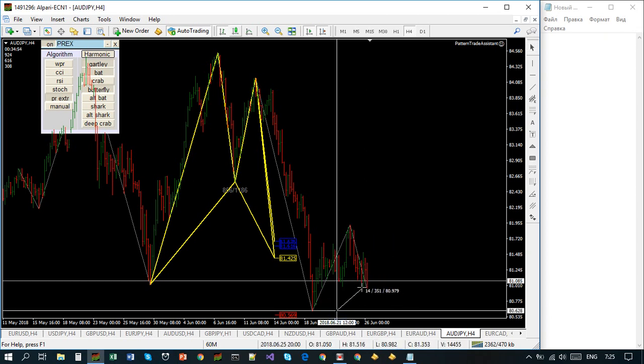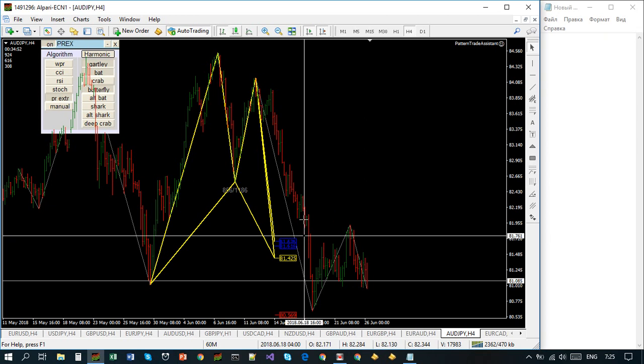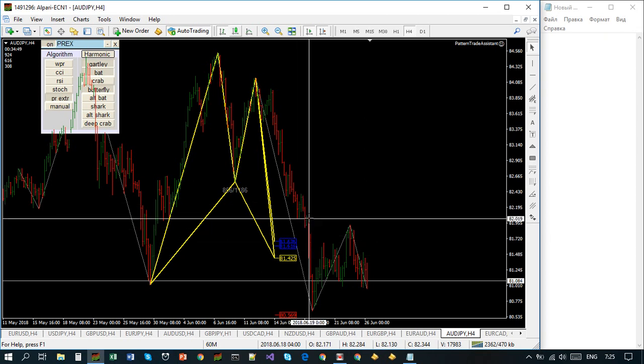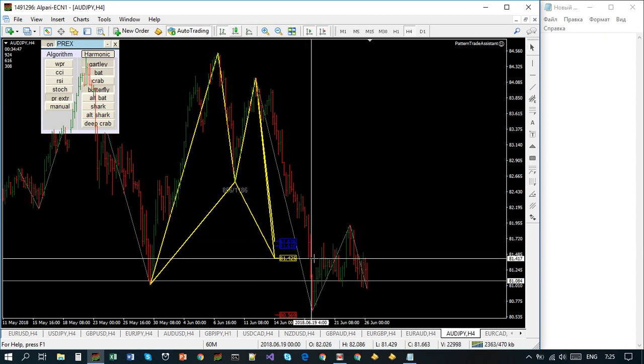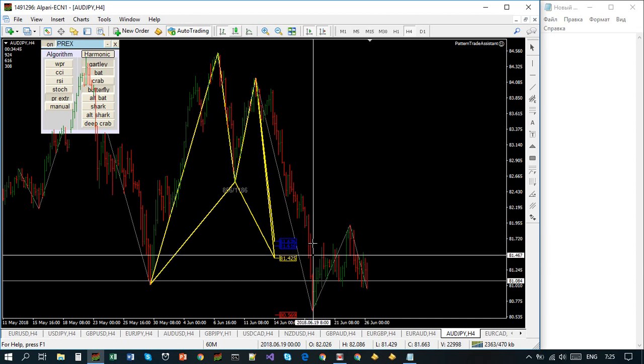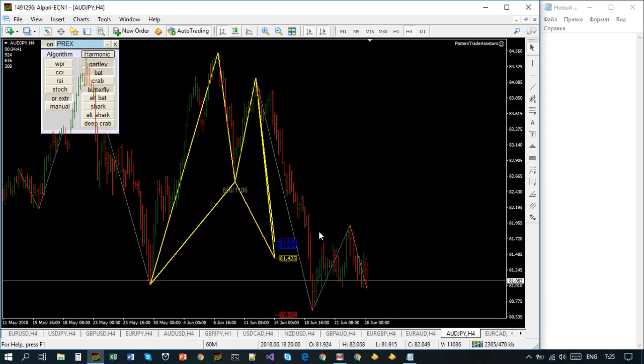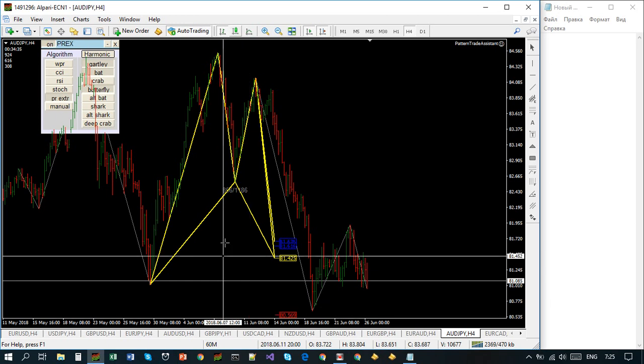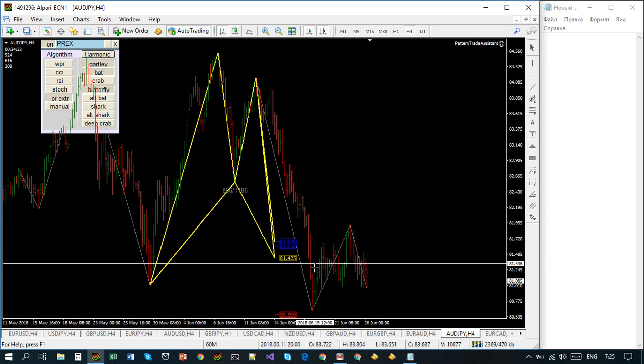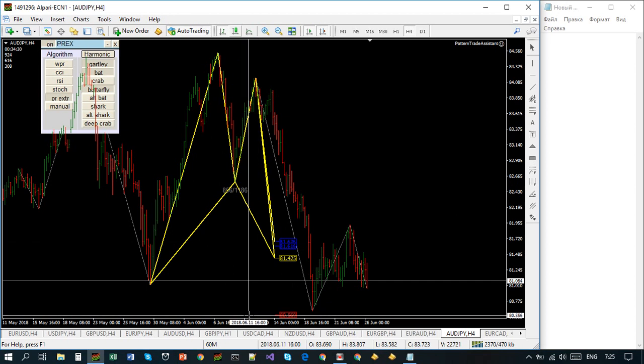Simple support resistance trading. If it were pattern trading, then here we would find some kind of rejection, and it would go to the upside immediately. We never break it through. Although the stop loss was not hit, I never opened this trade because of this price action within the potential reversal zone.